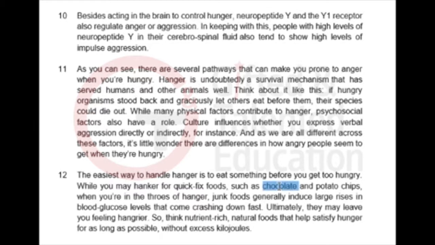Here in paragraph 12, quick fix foods or junk food generally cause large rises of blood glucose levels that come crashing down fast. So this blood glucose level goes up really fast and comes crashing down really fast too. That's probably why we should not have too much junk food.